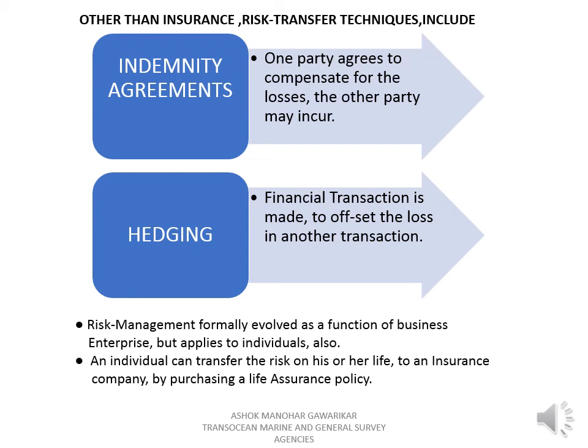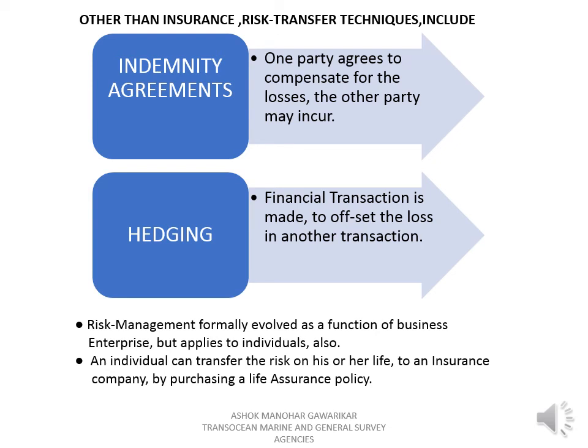The indemnity agreements. Whenever you enter into a contract, you enter into an agreement. If there are losses attributable to a third party, then you are entering into an agreement that one party agrees to compensate for the losses because of the other person's neglect or act, or maybe a defective material or workmanship.